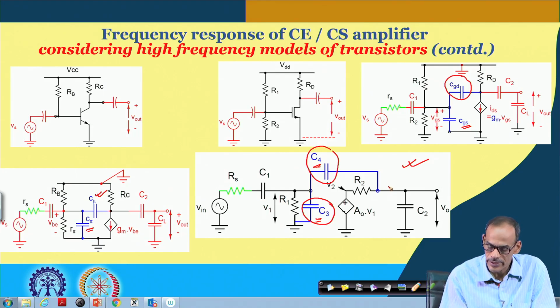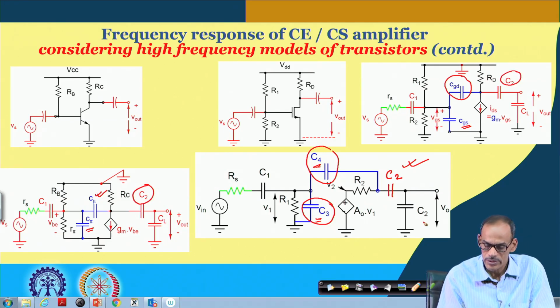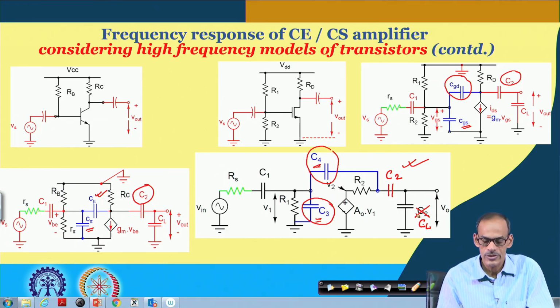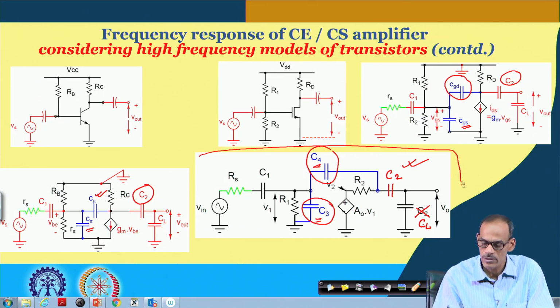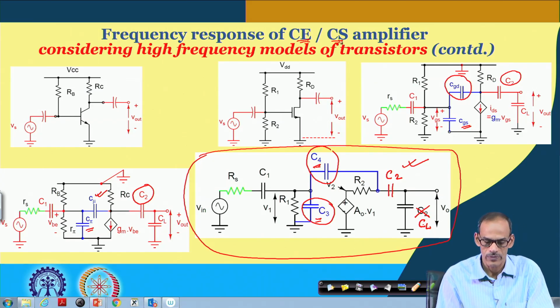We should have C2 here, and this additional capacitance you are putting here is basically CL. Instead of C2, it is CL. Now our task is to find the frequency response of this equivalent amplifier representing both the common emitter and common source amplifier.